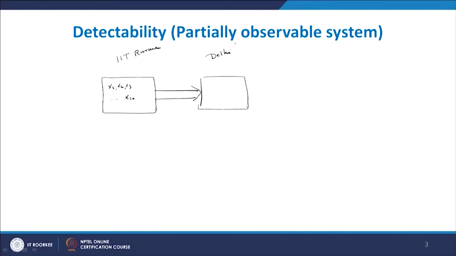So it is found that out of all the states, x1, x3 up to x10, these 9 states have been observed, whereas the x2 state is not found. So this x2 is absent.